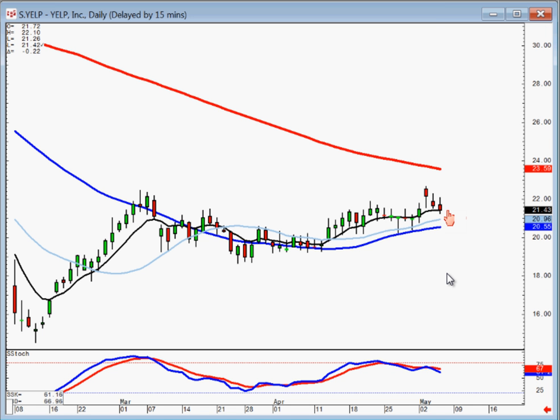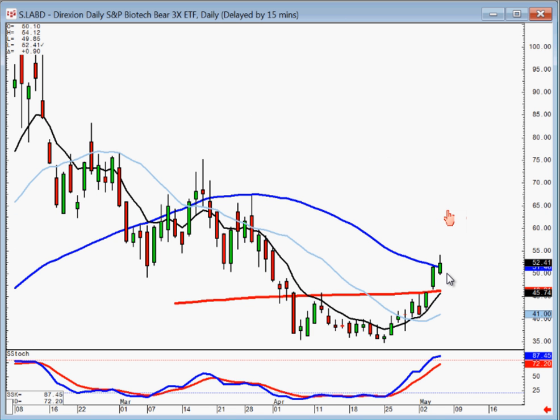Another one I wouldn't be long or short. Just not enough direction here. Lab D. Nice fry pan bottom. Where do they usually break out? When they hit a resistance level, you can be buying this one on positive trading.